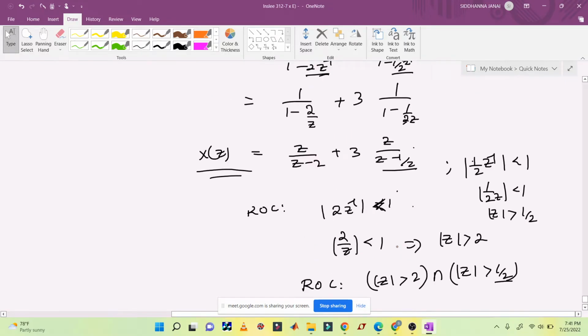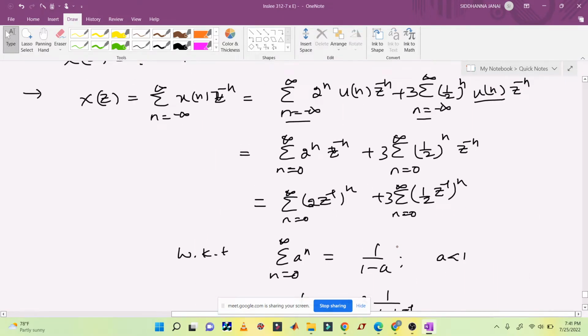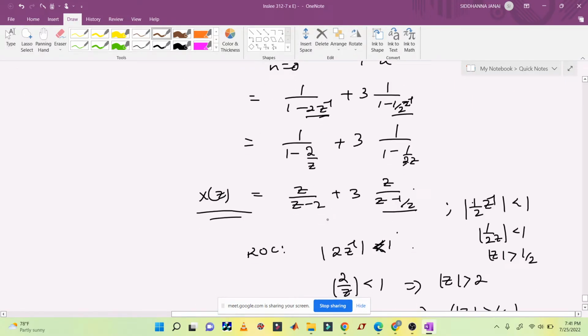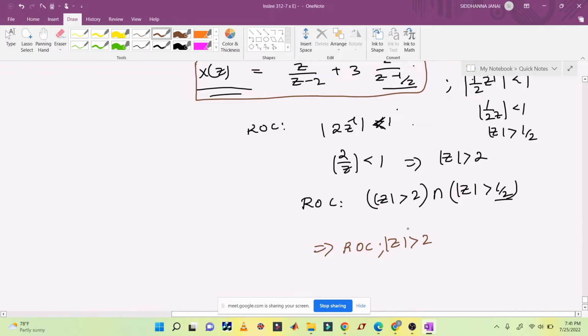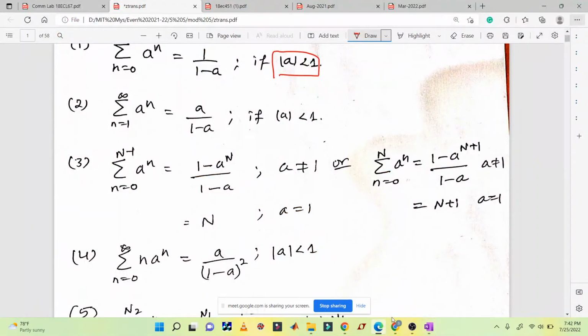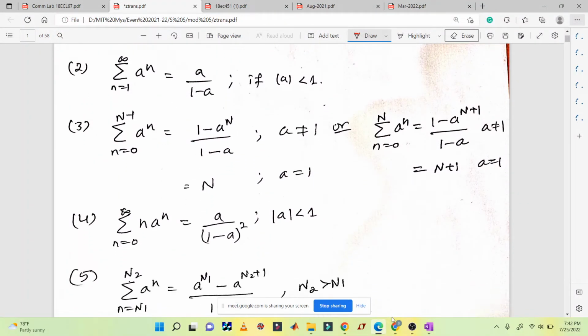Okay, and this is the answer. X of z is this one, and the ROC is this one. Any doubt regarding this problem? This is the easiest problem based on the concepts which we have learnt already.